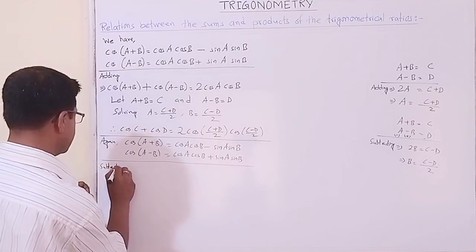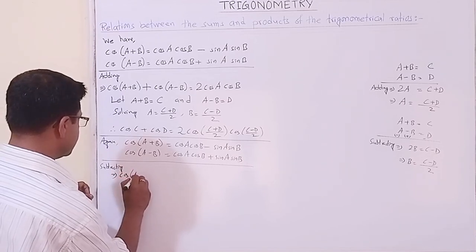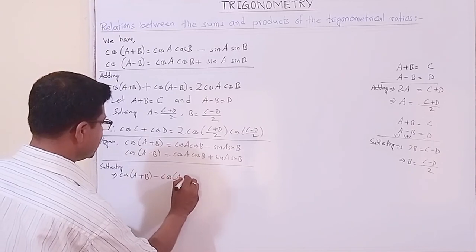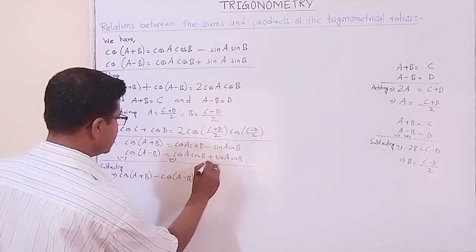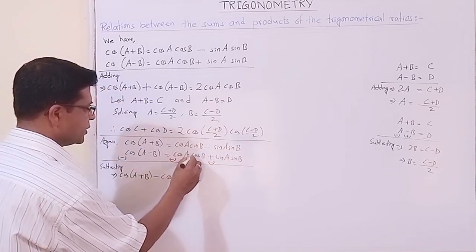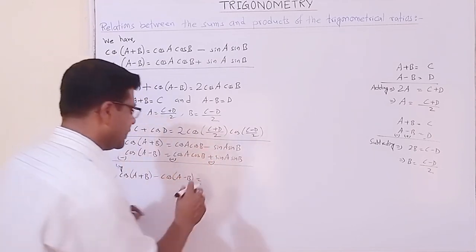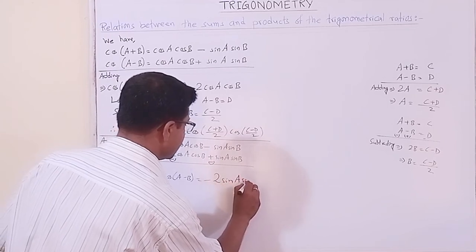Subtracting: this minus this, cos of A plus B minus cos of A minus B. Now if we subtract, the sign will get interchanged, is it not? So you see, cosA cosB minus cosA cosB will get cancelled. So we have to add them, but both are negative. So minus of twice sinA sinB.